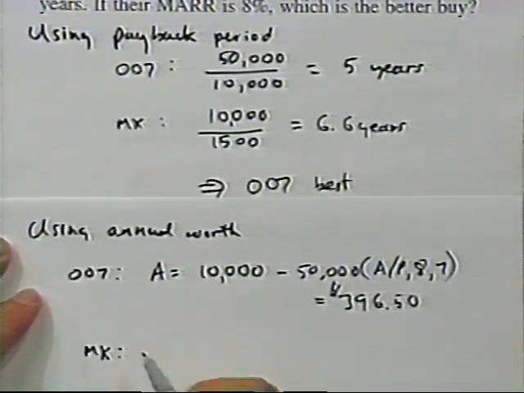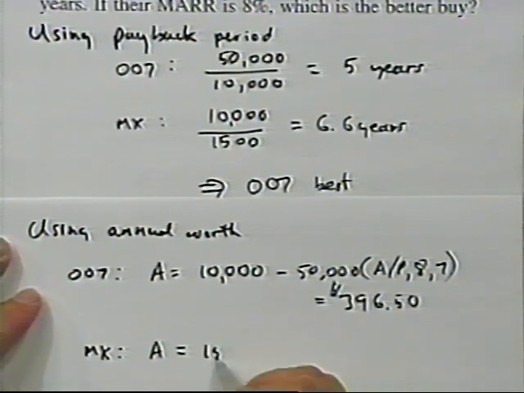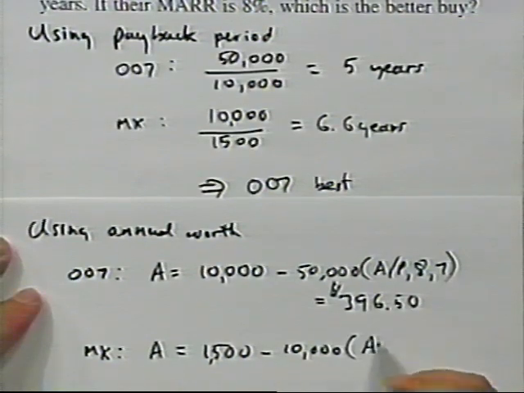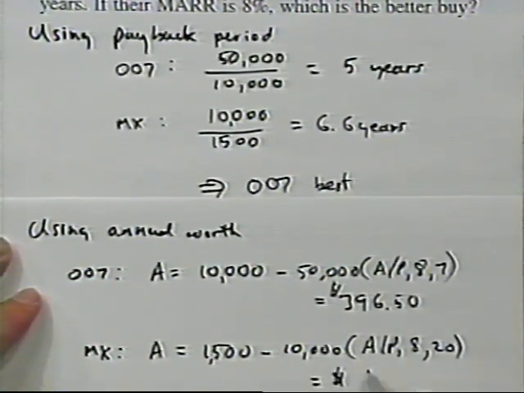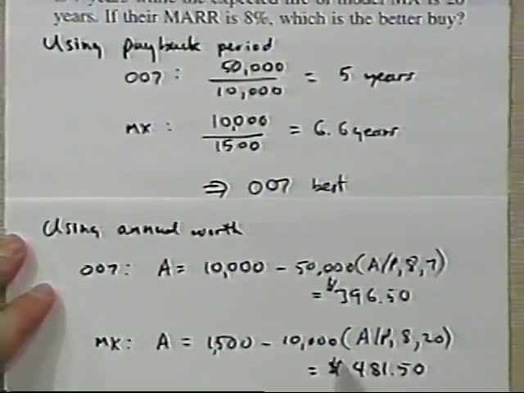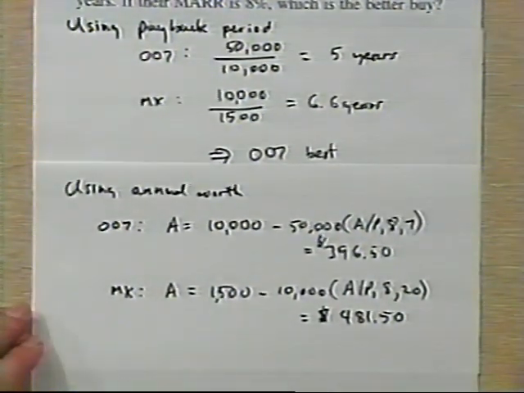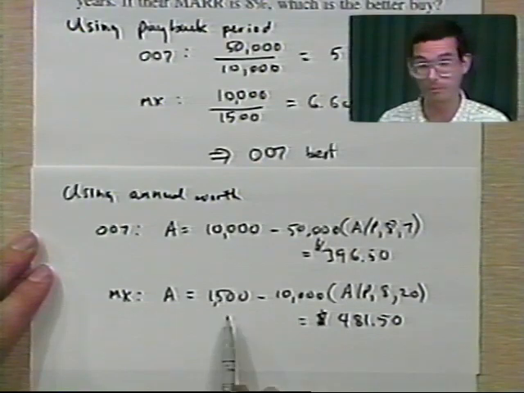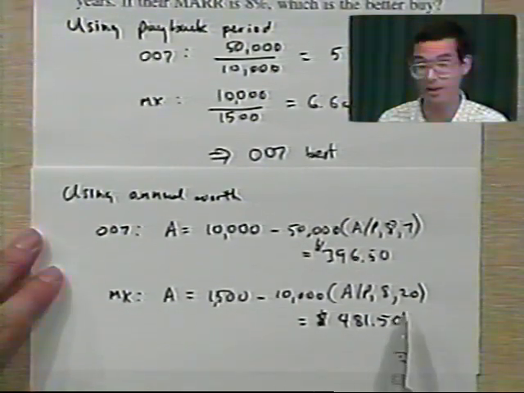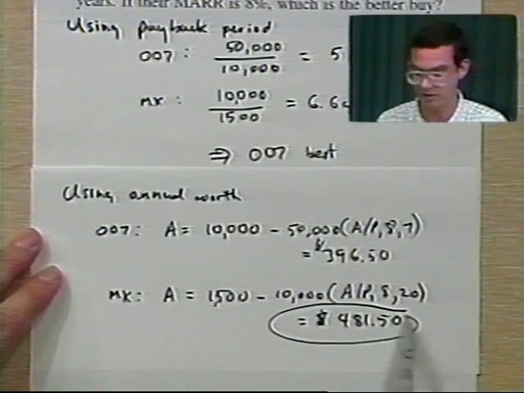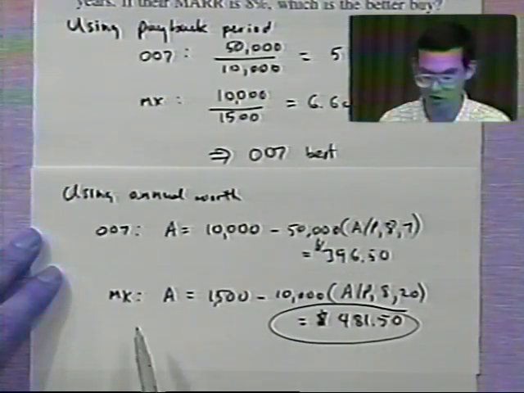And for the MX, we've got a $1,500 savings and a $10,000 first cost spread over the 20-year life at 8%, and that's $481.50. So in this case, because this is annual worth we're looking at, the one with the highest annual worth is the MX. It's the one you'd choose.